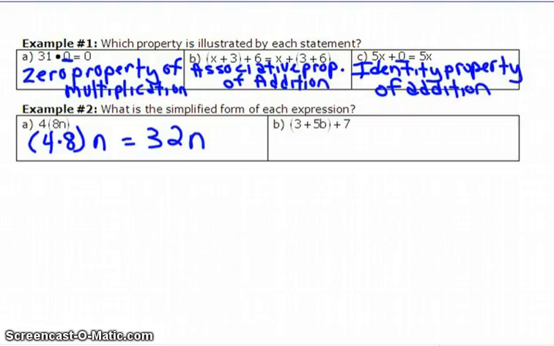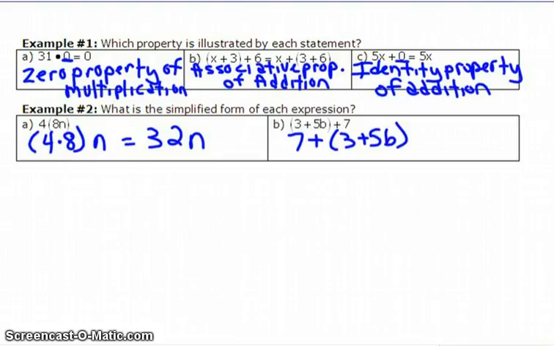Now B, I have a couple things that I need to do. This is obviously addition because it's got the plus sign, but changing the grouping isn't going to help me. What I should do is change the order. Changing the order is the commutative property. So what I could do is move this 7 anywhere because it's all addition.